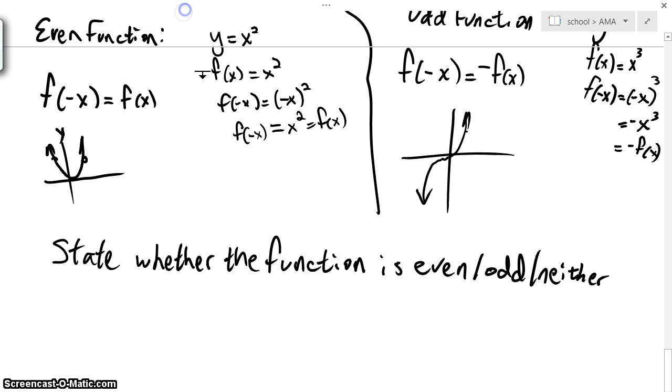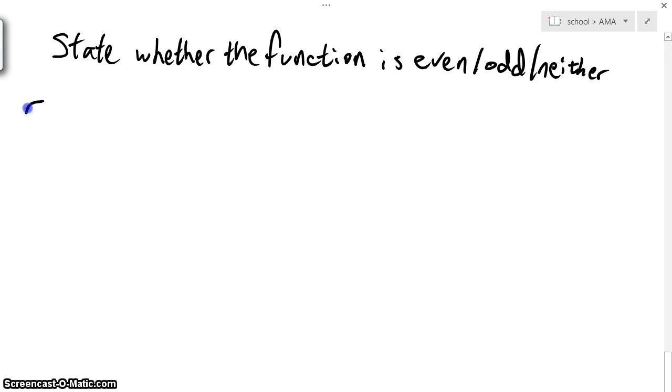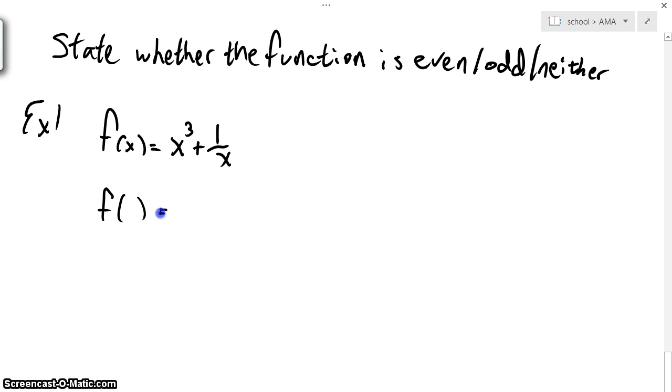So for example 1, let's say that I gave you f of x is equal to x cubed plus 1 over x. Well, let's see what happens when we substitute in f of opposite x. By the way, many teachers will make this statement about a blank. When you're substituting into a function, wherever you see an x, just leave parentheses there.